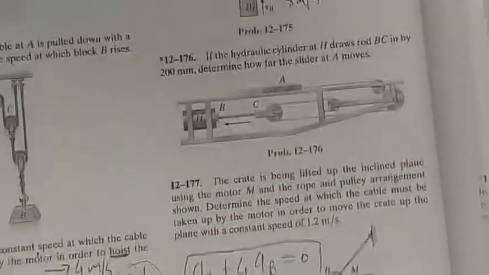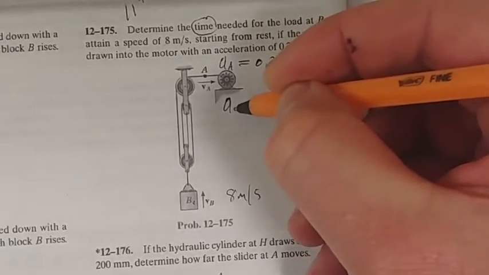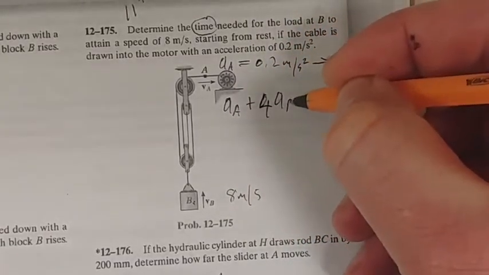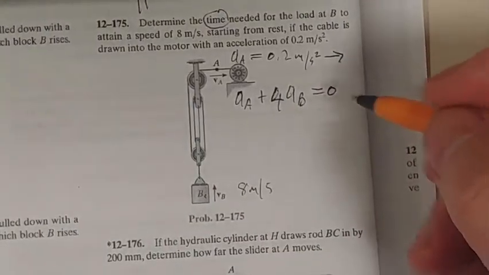The acceleration ratio should stay the same. So let's do it here. Acceleration of A plus 4 acceleration of B is 0. Okay?